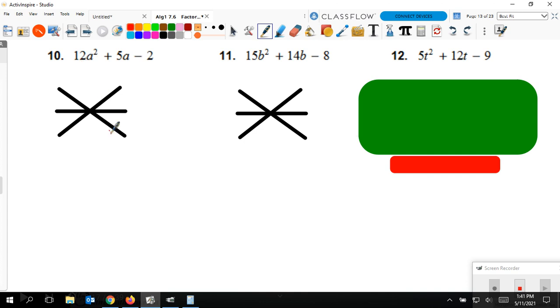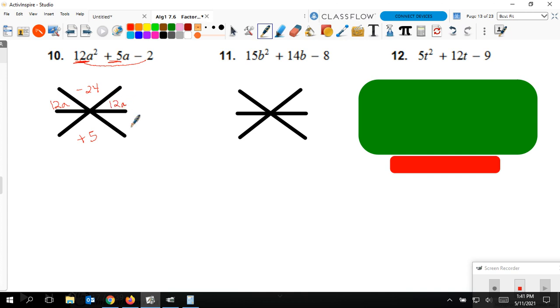We're going to have to use the star method because it starts with a 12. So 12 times negative 2 is negative 24 for the top. Positive 5 is your B number for the bottom. And it starts with 12a, so 12a goes on the top of each side.